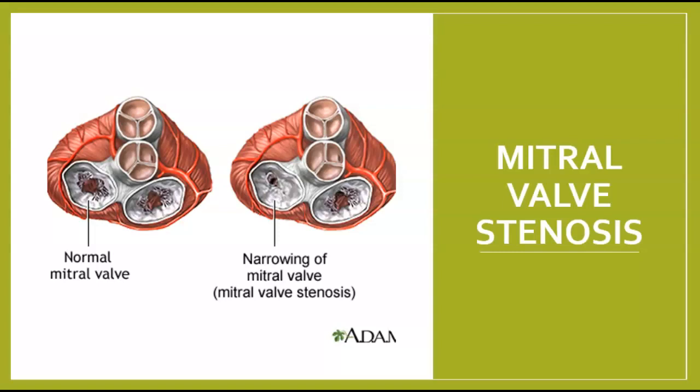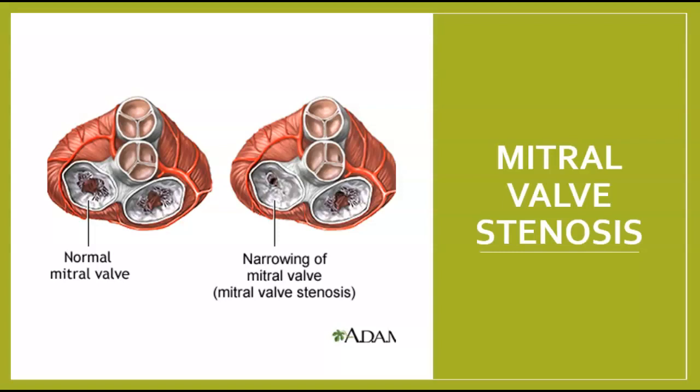So we know that stenosis means that it's too tight, and the mitral valve is going to be between that left atrium and that left ventricle. So the leaflets of this valve are going to be stenosed, meaning they are thickening, and that's going to lead to a narrowed opening.